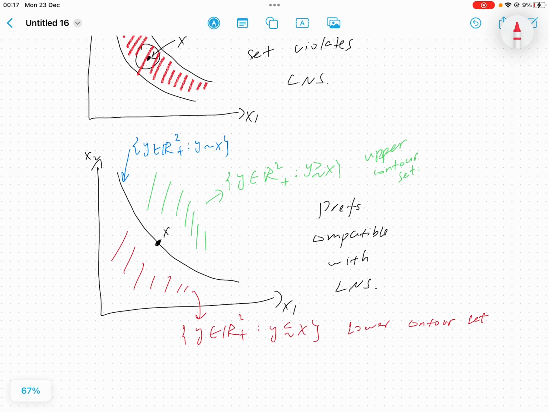We just want to have some single line, or some not thick line, as the indifferent set. Here correspondingly we have this green area as the upper contour set, this curve as the indifferent set, and this red area as the lower contour set of some element x in the consumption set.